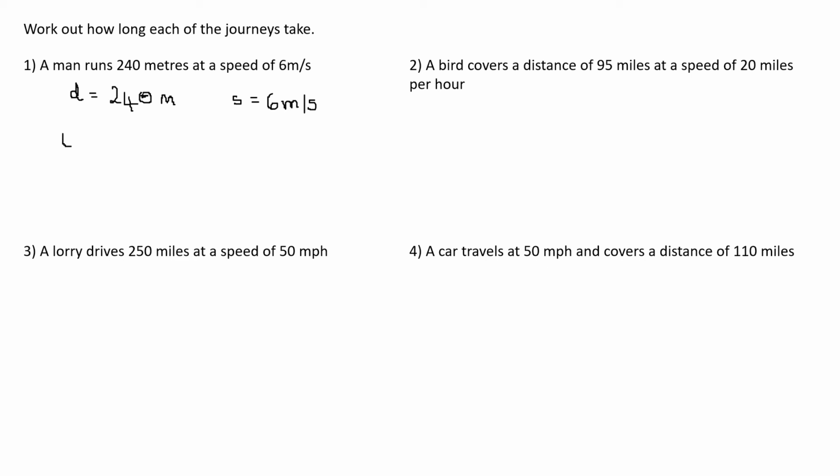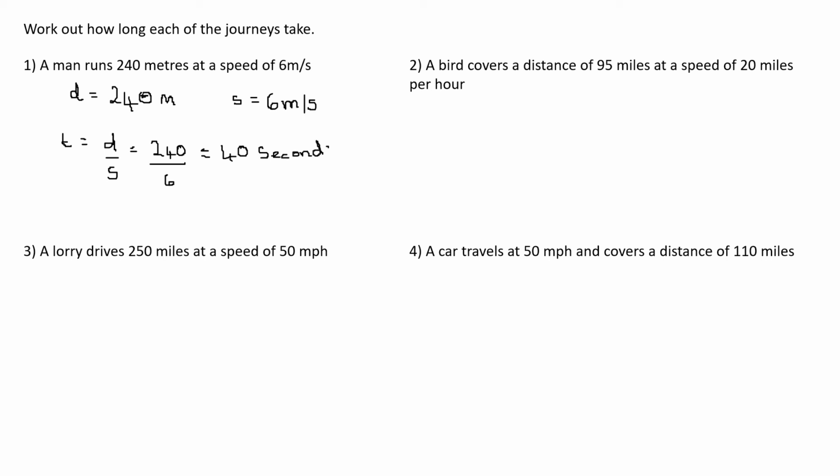And then we can use time equals distance divided by speed, which will give us 240 divided by 6, and that will give us 40, and it's time, so it will be the unit of time that's included in your speed, so it will be 40 seconds.